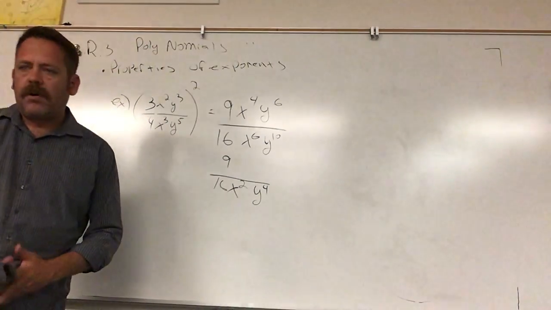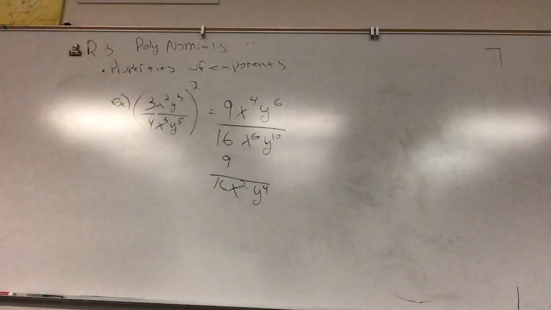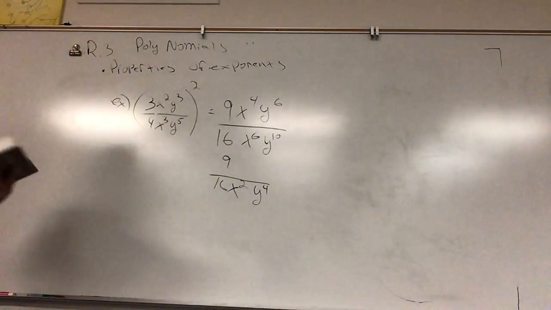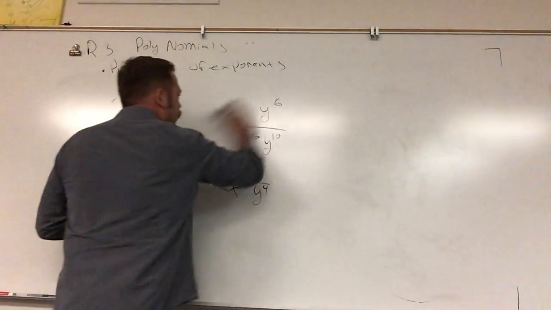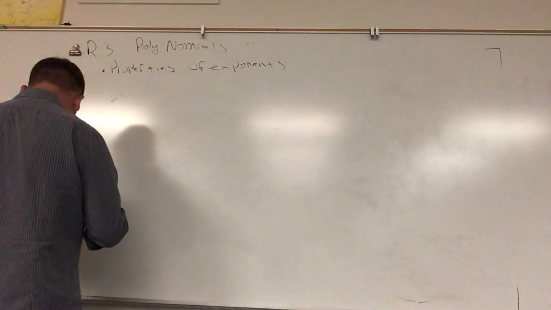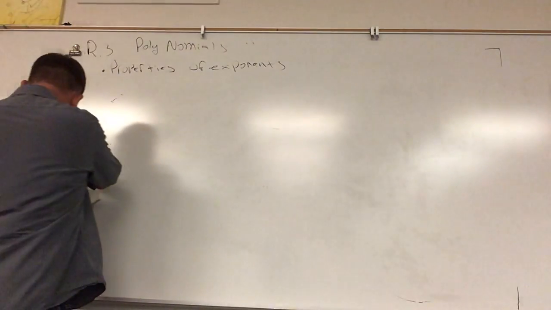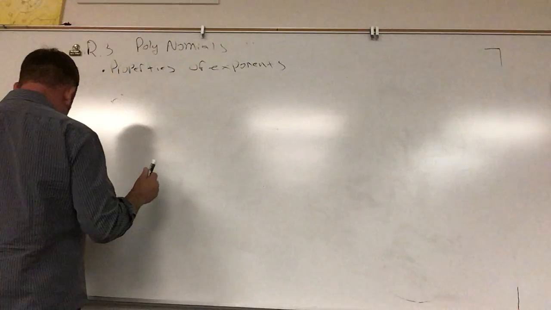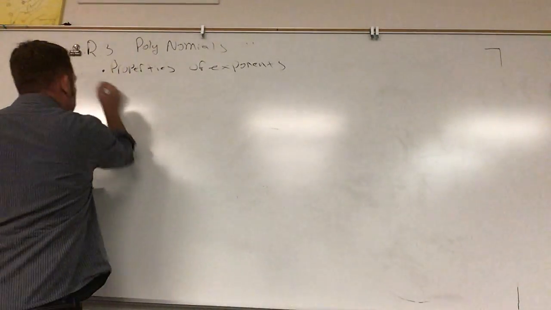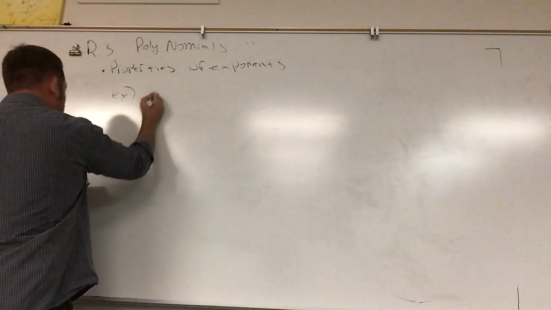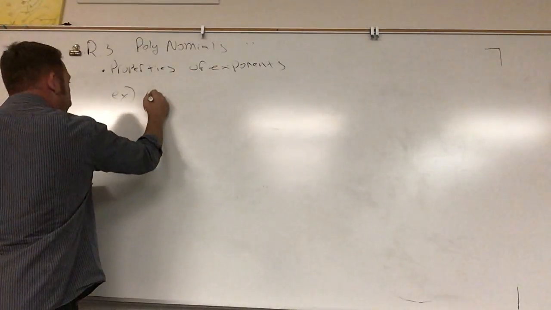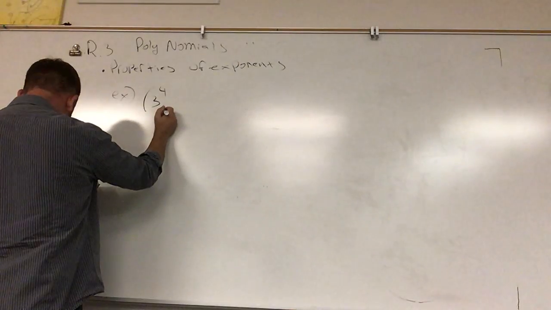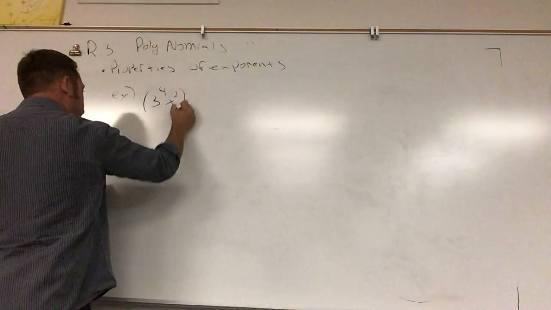All right, I'm going to put one up here for you guys to try. I'm going to steal it from the book. Let's try a couple. Let's do 3 to the 4th, x squared to the 3rd.